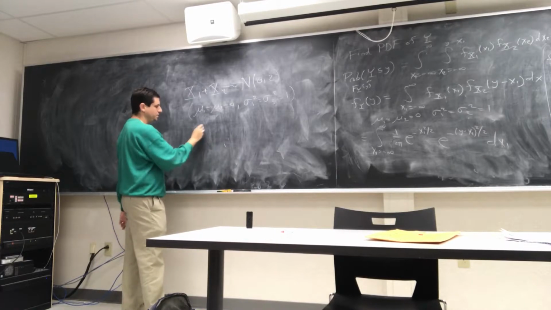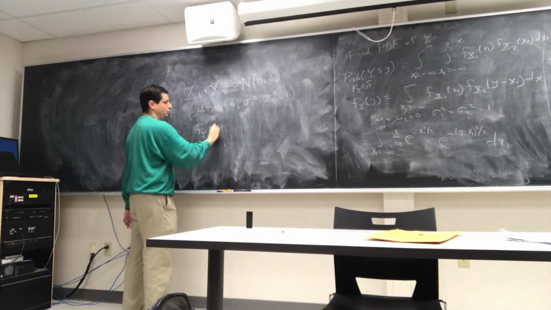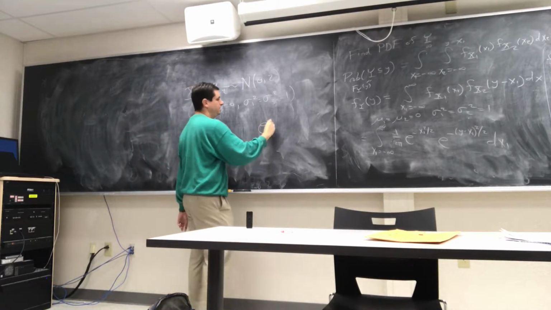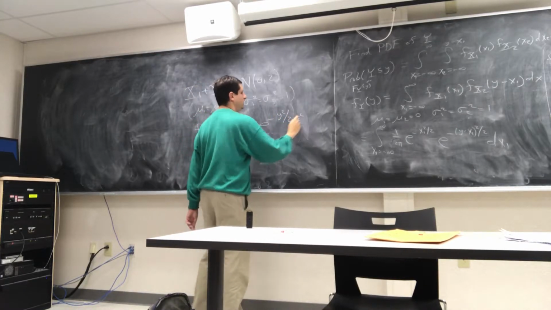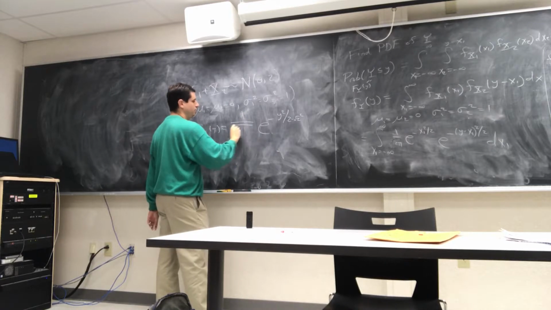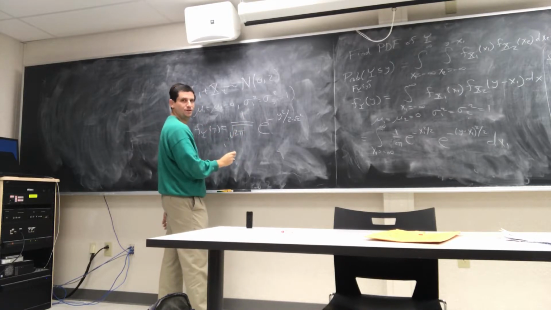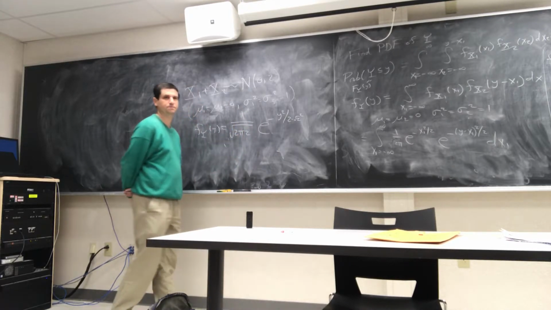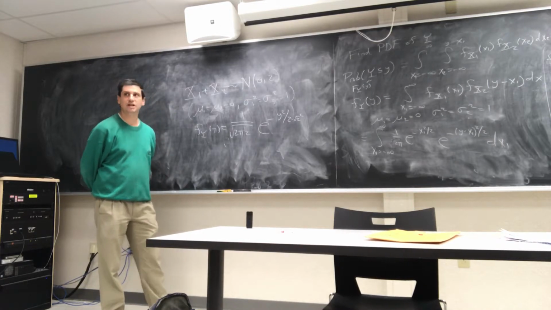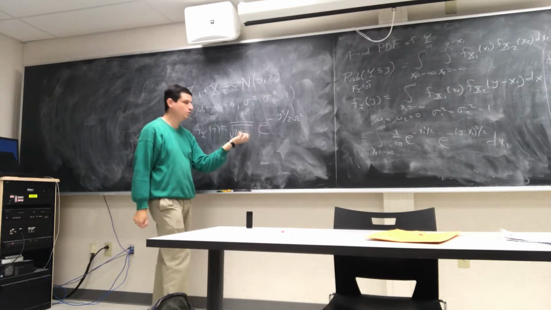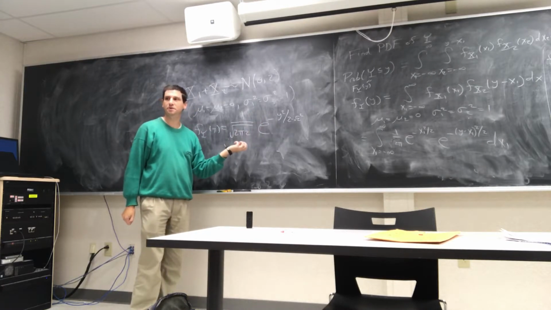And if you want to be explicit, the normalization constant, well, we have an e to the negative y squared over 2 times square root of 2 squared. So it's going to be 1 over square root of 2 pi sigma squared, which is 2. And that's the explicit form. If you had wanted to do the integration explicitly, you could have done that and you would have had this, but there was no need.